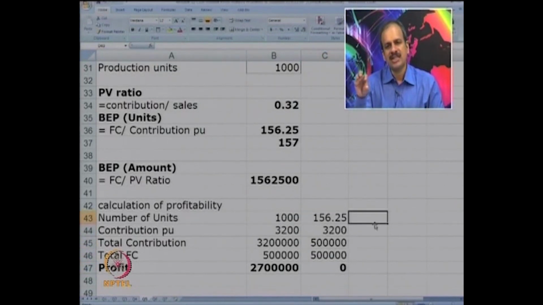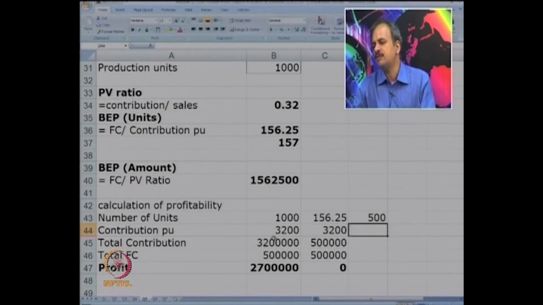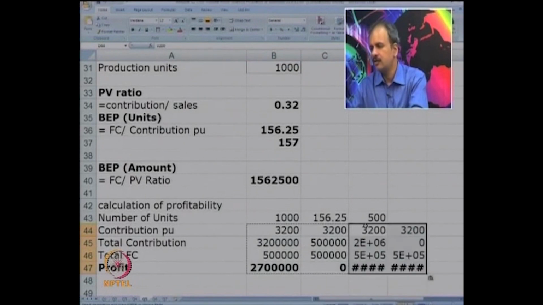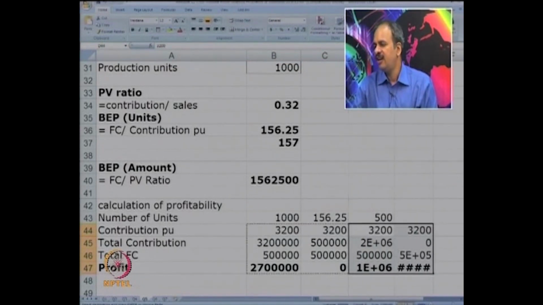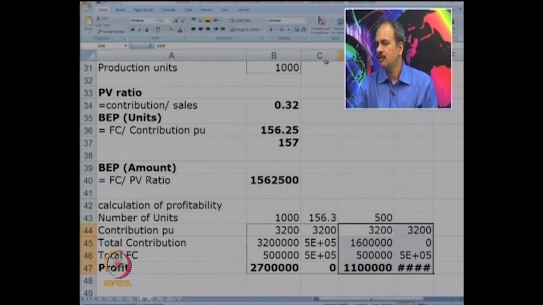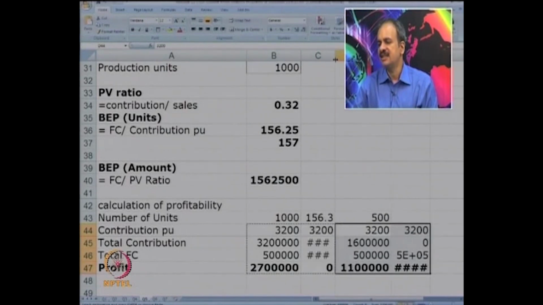We can also look for some other level of activity. Let us say if sales become half, that is from 1000 it becomes 500. Now it is very simple, you have to just copy. So at a 500 level, it is 11 lakhs. Is it clear to all?